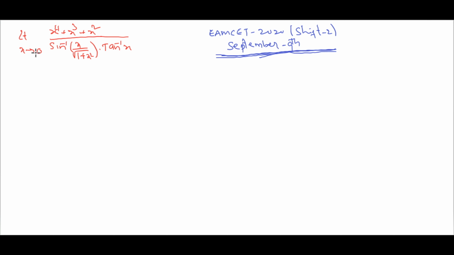Here is given limit x tends to 0 of (x to the power of 4 plus x cube plus x square) by (sine inverse of x by root 1 plus x square, into tan inverse x). In the numerator take x square common, that is x square into (x square plus x plus 1).